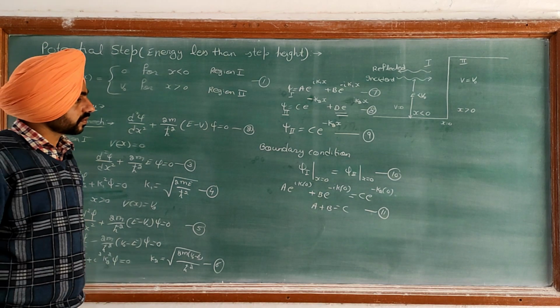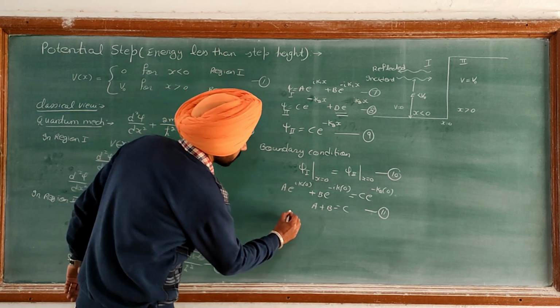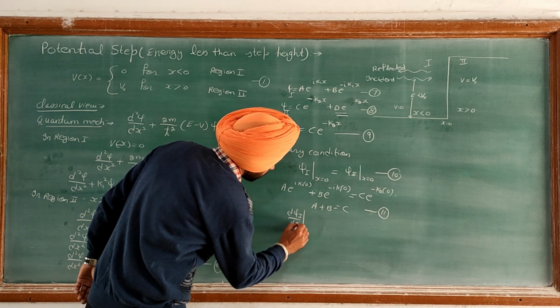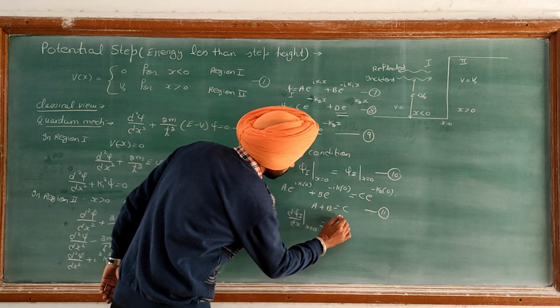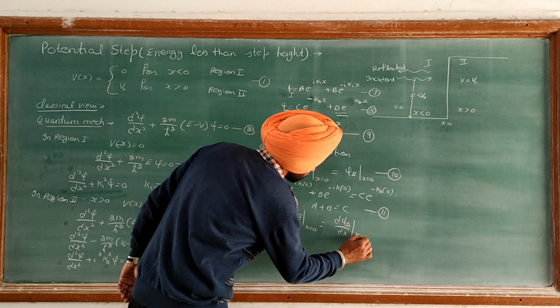Now the second boundary condition is that the first order derivative should also be continuous. That means d psi 1 upon dx at x equal to 0 is equal to d psi 2 upon dx at x equal to 0.